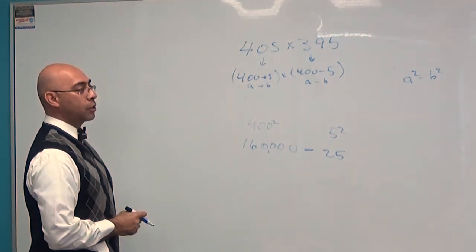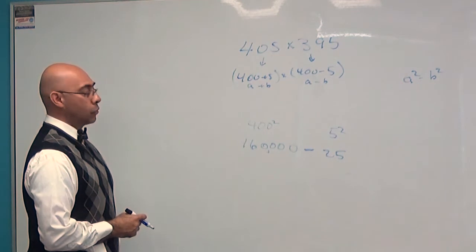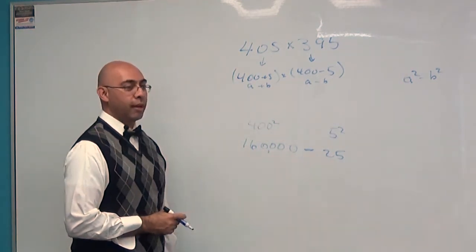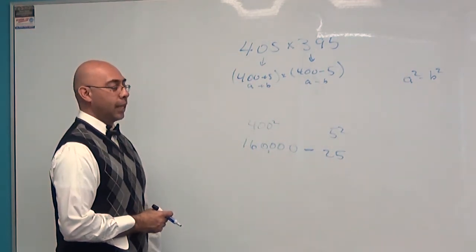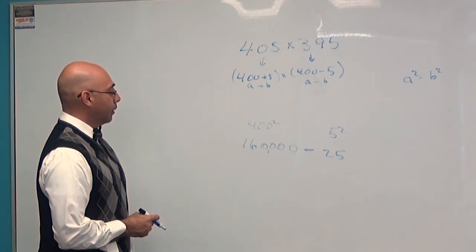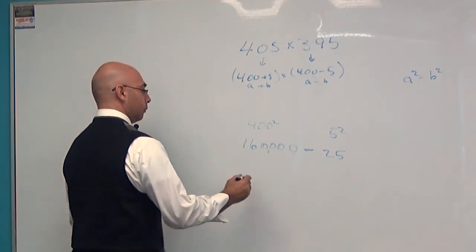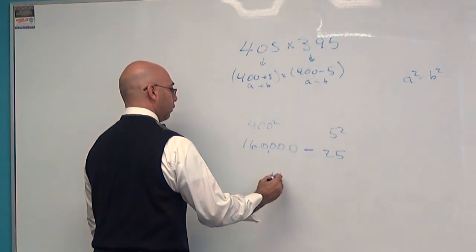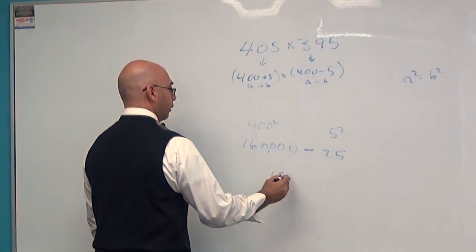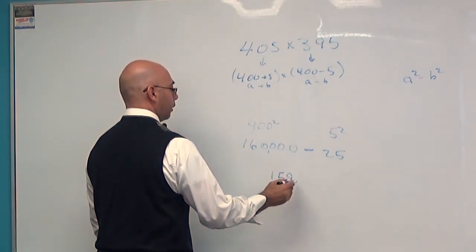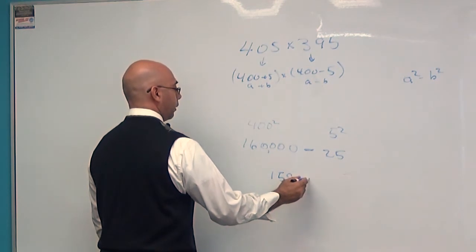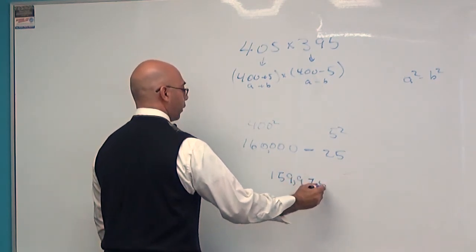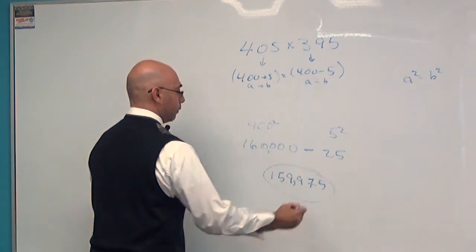So all you really need to do is subtract that. So you know, what's 160,000 minus 25? 75. So it's going to end at 75. So it's probably going to be 159,975. That's it.